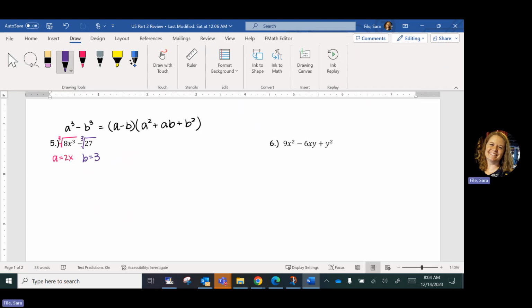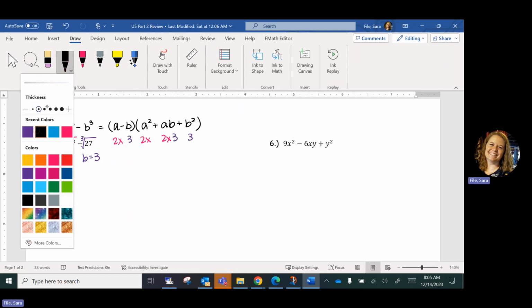Now your calculator will find the cube root of the numbers for you, like the cube root of 8 is 2 and the cube root of 27 is 3, but it won't do the x. You have to understand the cube root and the cube cancel each other to just leave you with the x. Okay, so that's your a and b. So then it's just simply plugging them in the right spot. So I've got 2x everywhere that I see a, and I've got a 3 everywhere that I see b.